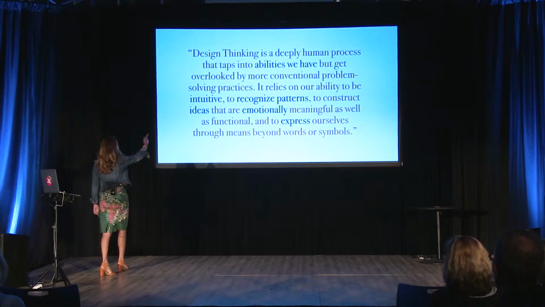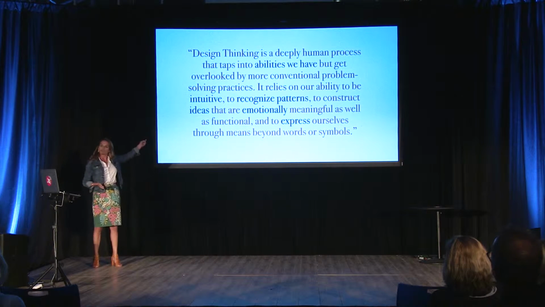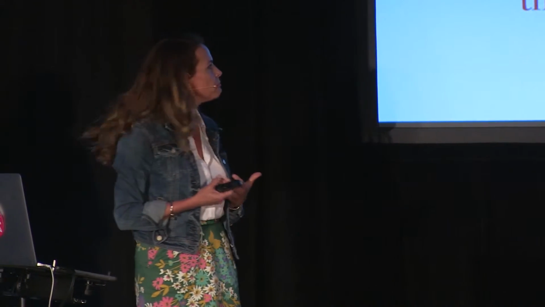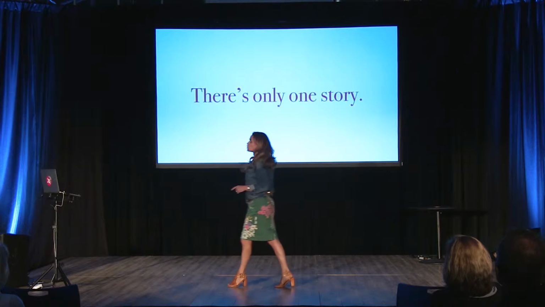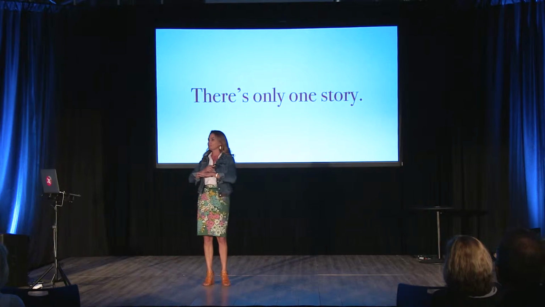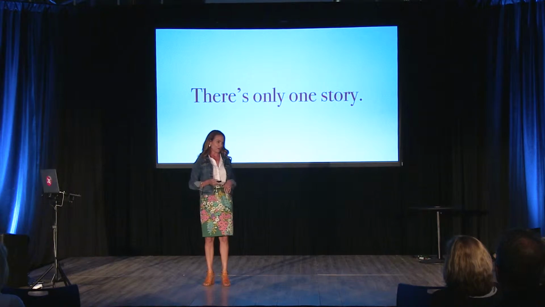I mean, where do we get these abilities? Where do we learn to be intuitive? Where do we recognize patterns? Where do we construct ideas and learn how our emotions can be meaningful and how we express ourselves? What the humanities classroom understands in a very convergent way is that there's only one story, just one story, and we tell it always and everywhere.